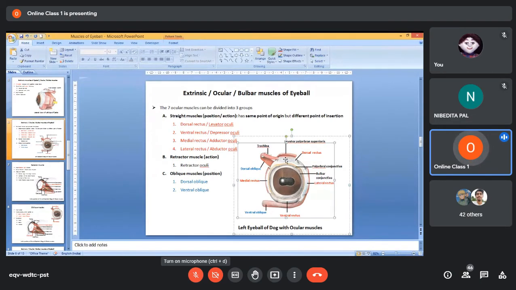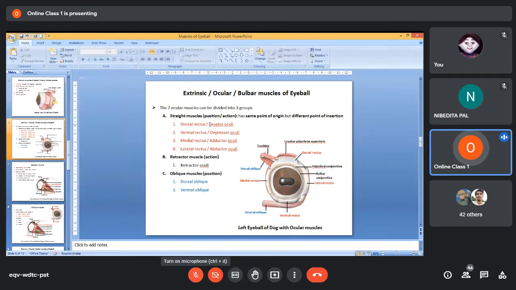That upward turning of the eyeball is called elevation, or levator. So the dorsal rectus, based on its action, is called the levator oculi because it turns the eyeball upward.